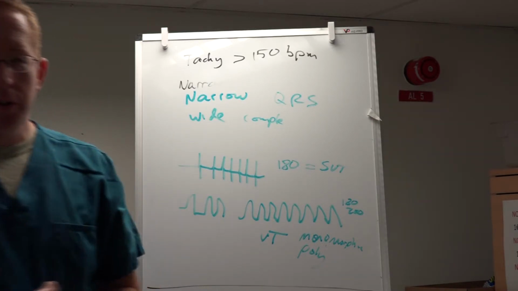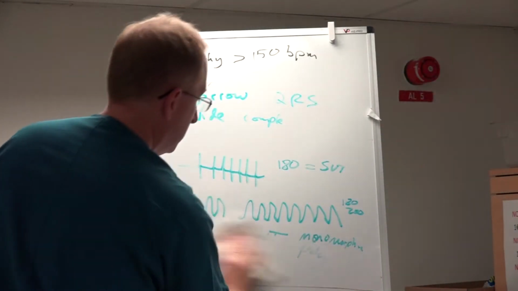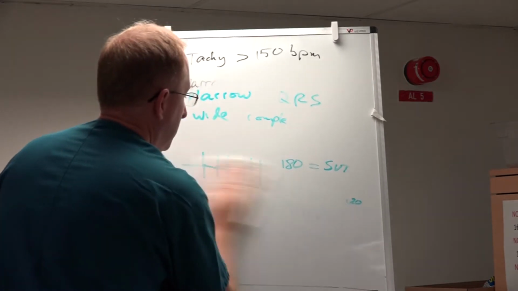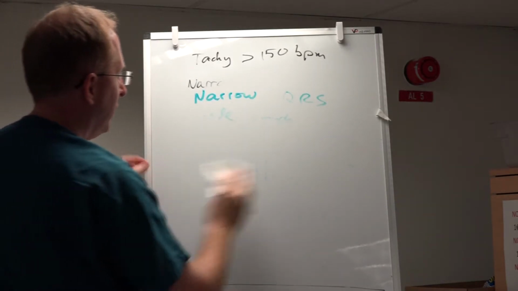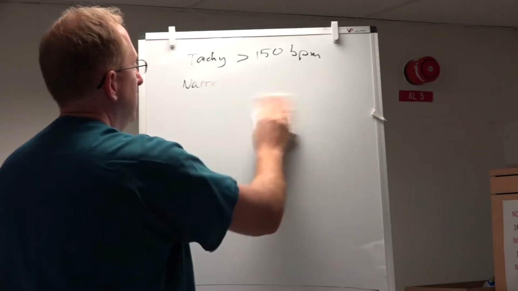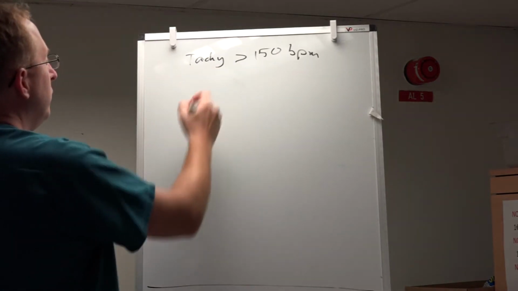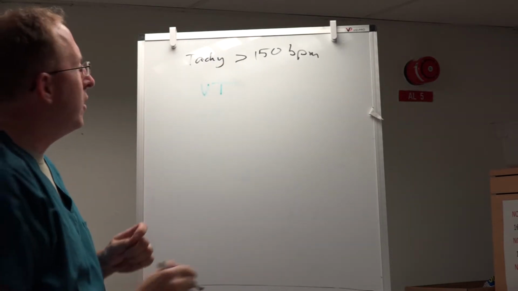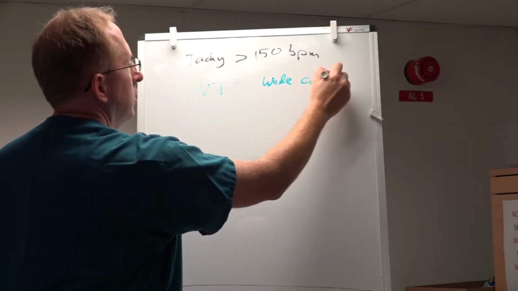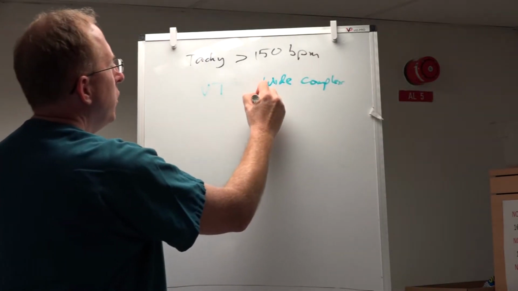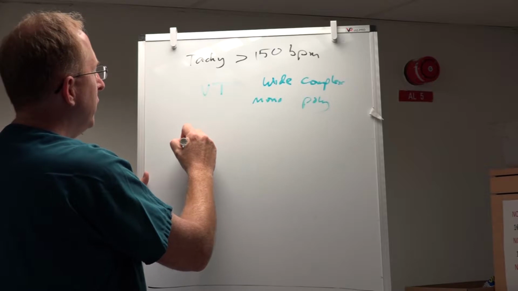Now as we look at our, let's start with the ventricular tachycardia or VTAC. So VT, ventricular tachycardia, it's generally wide complex. And so we have monomorphic or polymorphic. So your polymorphic might kind of look like something like this.